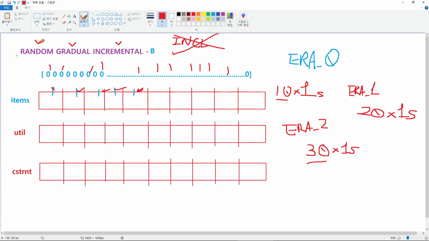It's slightly different from random, gradual, incremental type A, because in type A, I did make sure, or did guarantee to some extent, that previously activated genes stay.